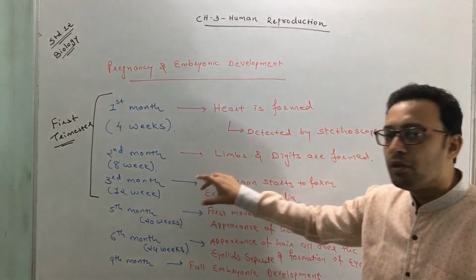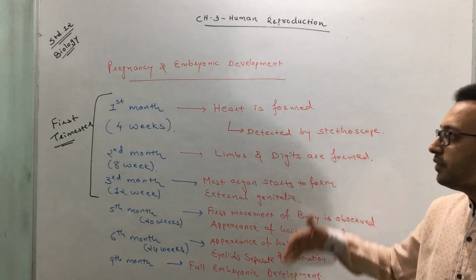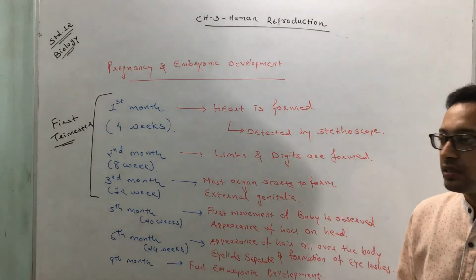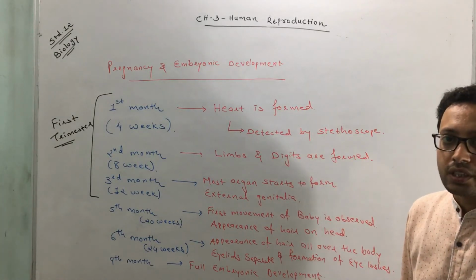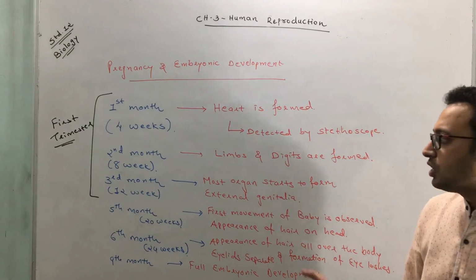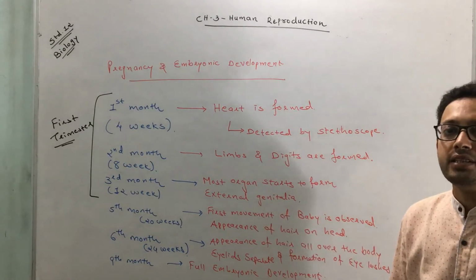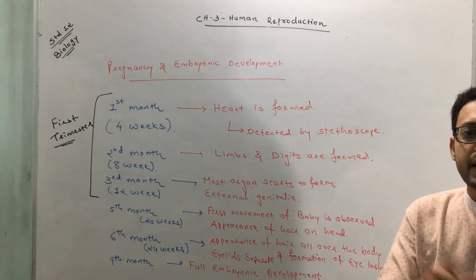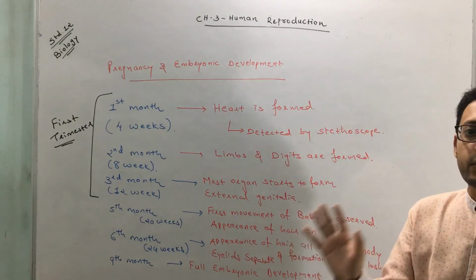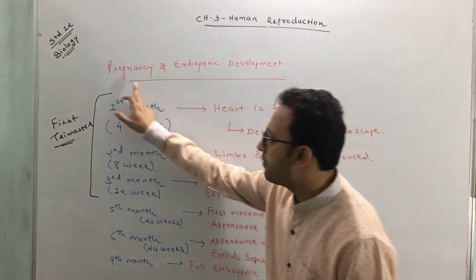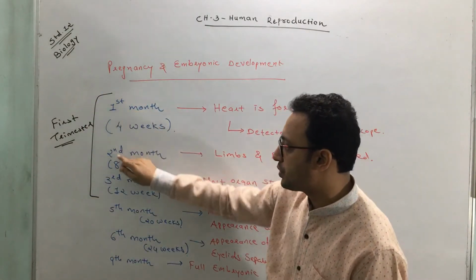At the third month, most of the organs are formed. Even the limbs and digits are well developed, and external genitalia appear, or can be clearly seen. So at this stage the doctor can determine the sex of a baby, whether it's male or female, but sex determination in India is legally prohibited. Okay, so these are the events that occur during the first trimester, the first 3 months.